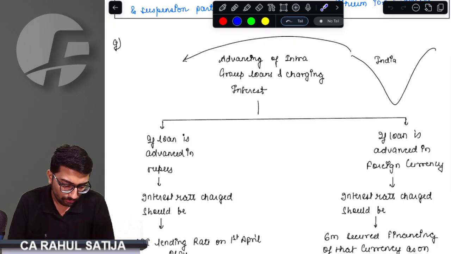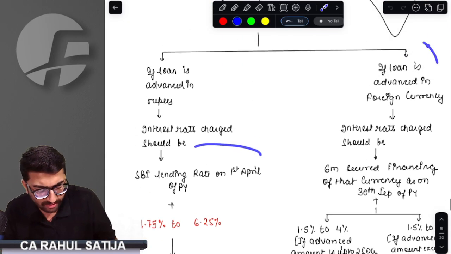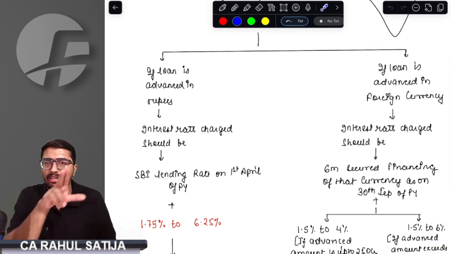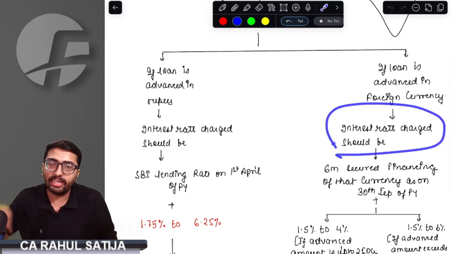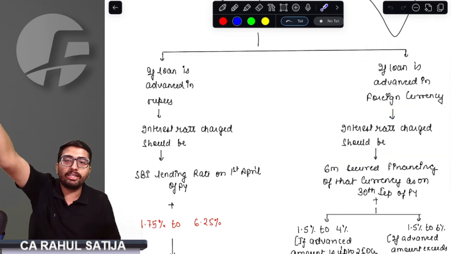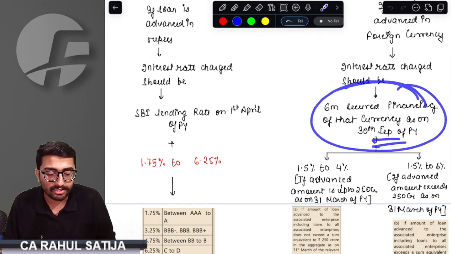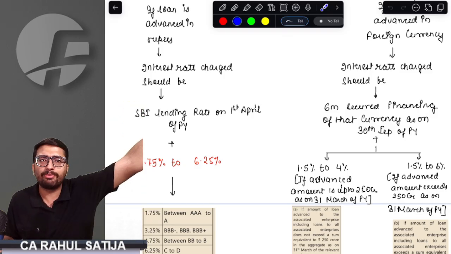If the loan is given in foreign currency, remember, try understanding: foreign currency lending rate plus something. Here we have to check the 30th September 6-month foreign currency rate. You have seen the 6 months LIBOR rate, which in transfer pricing we used to check for secondary adjustment.